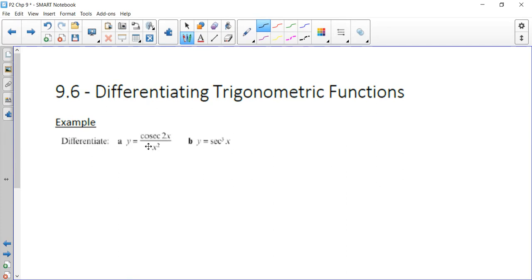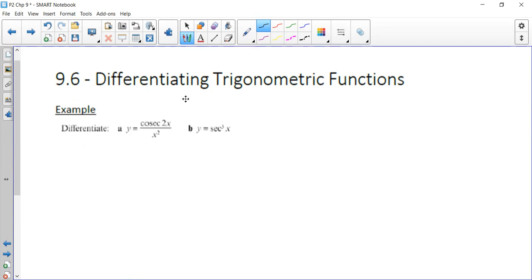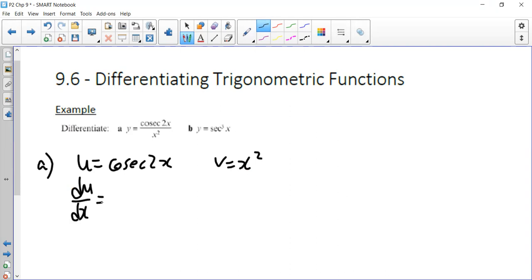Example, to differentiate this one, y equals cosec 2x over x squared. Anyone know how we can start differentiating? Quotient rule, fraction, quotient rule. So we're going to apply the quotient rule. So u is cosec 2x, v is x squared. du by dx: okay, so let's read the formula booklet.